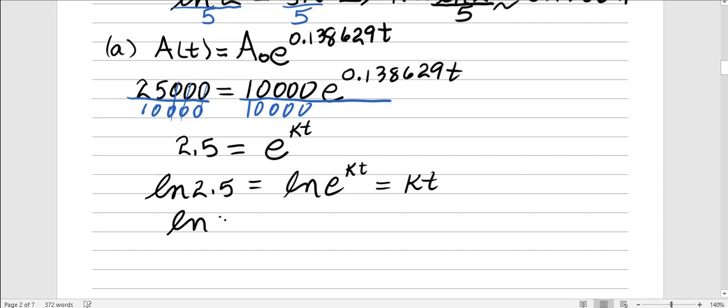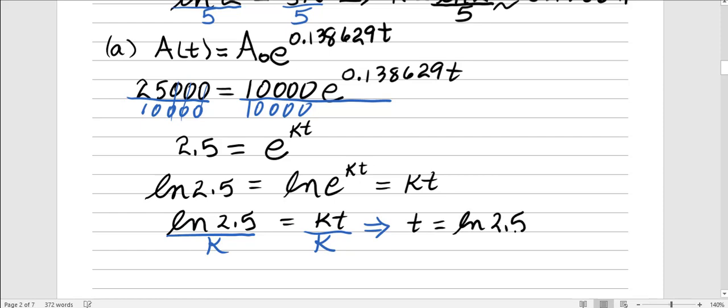And so the natural log of 2.5 is equal to kt, and if I want to solve for t, which is what I want to do, I simply need to divide both sides by k. So t is natural log of 2.5 over k, and now I'll go ahead and fill in my value of k.